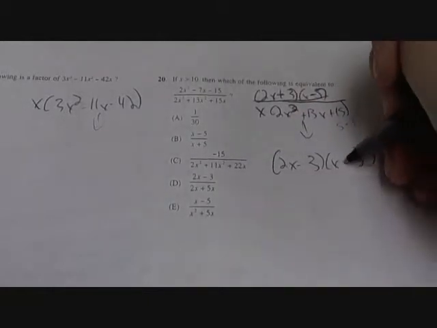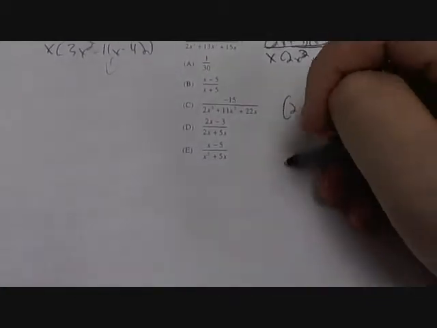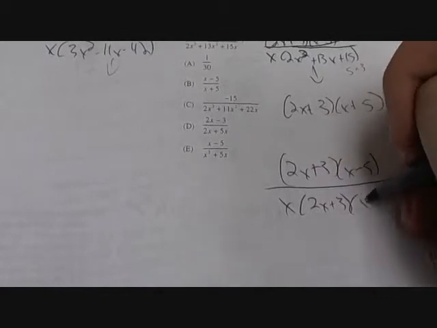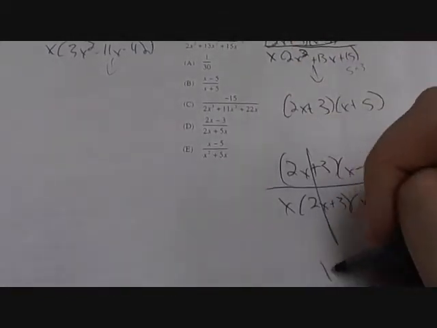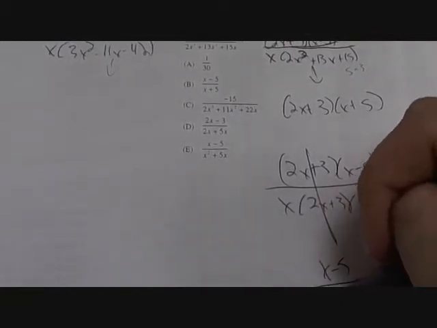So we need positive, so these are positive. Okay, so now we have to cancel out. So now we're left with 2x plus 3, x minus 5, x, 2x plus 3, x plus 5. Cancel out what's the same. This is the only one that's the same. So we're left with x minus 5 times x and x plus 5.